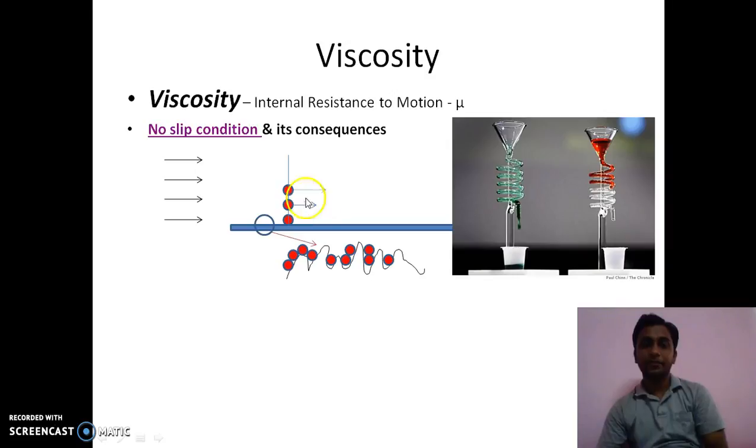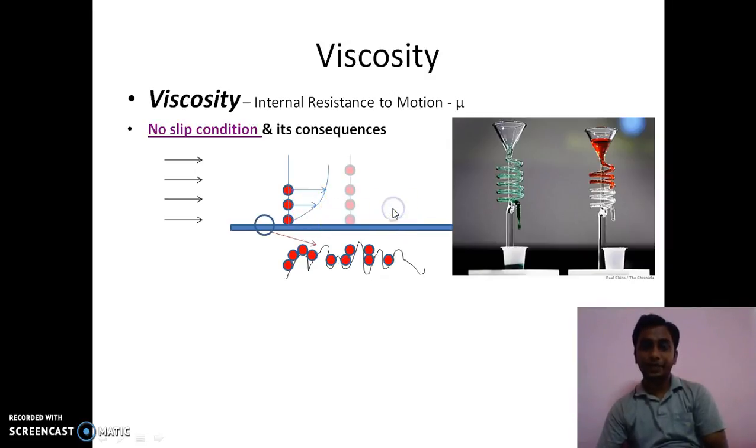Again similarly, we'll draw a velocity vector for this molecule. As this molecule is not in direct contact with this one, the disturbance in the momentum will be less, because of which the reduction in momentum will be less, and you will have a higher velocity. If we join the tips of all these velocity vectors by a curve, it will form a parabola, and you can conclude that the velocity distribution is parabolic in nature.